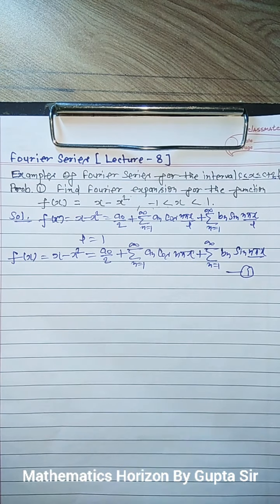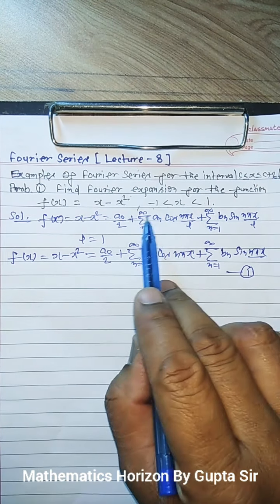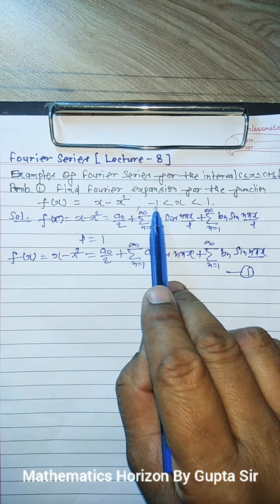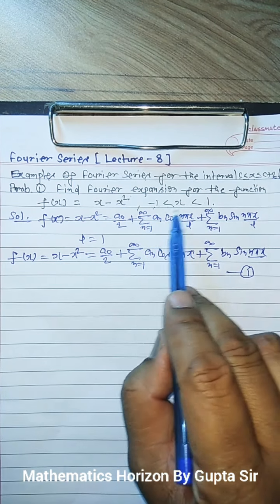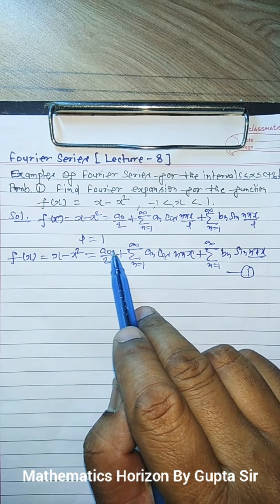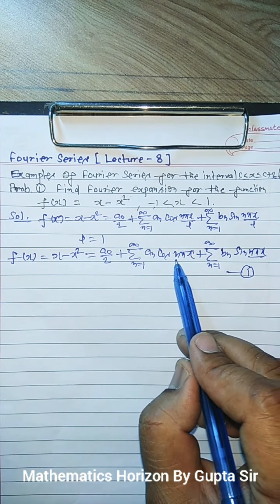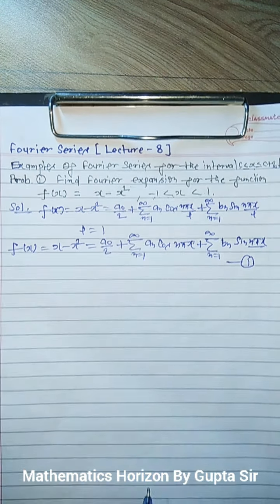Here l is equal to 1. In this interval, when we compare minus l less than x less than plus l, here l is equal to 1. Now we put l equal to 1 here.